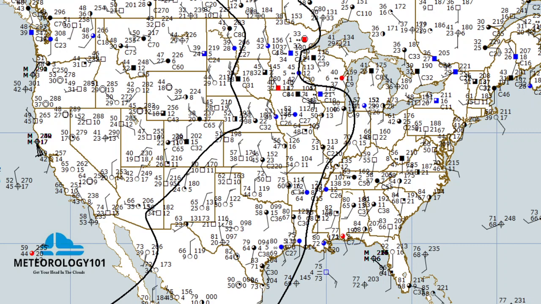So we said 1012. We're 8 millibars difference. We can plot every 4. So basically, we're looking for 1016 millibar center low, or less. So there's 1012.6.